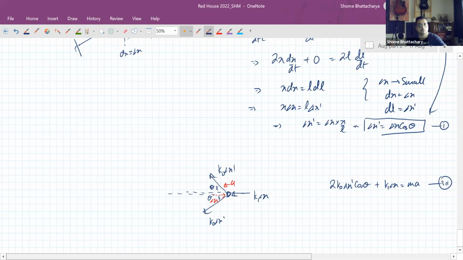Now we introduce the constraint relation in the second equation. Substitute that here.